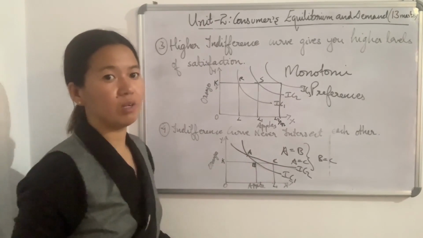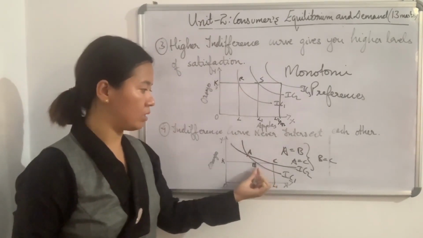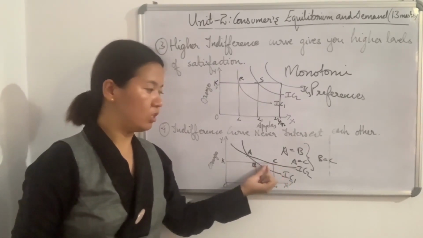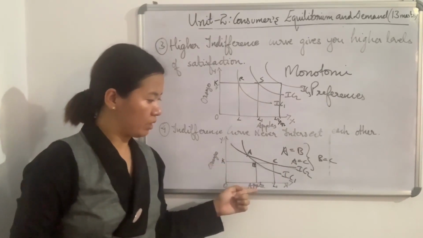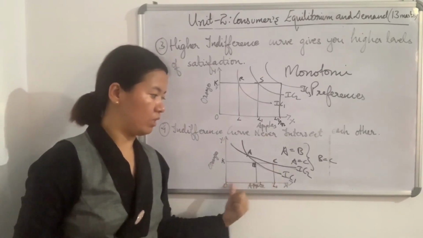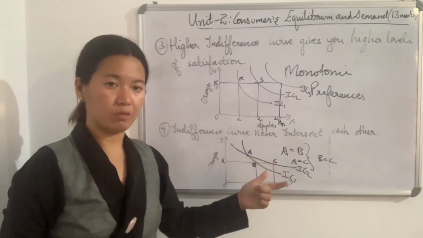But this is not possible at all, because from the previous property, we have learned that both points B and C consume the same amount of good 2, but when we see the other good, that is apple, point C is consuming a greater number of apples, which means that it will of course get higher satisfaction.